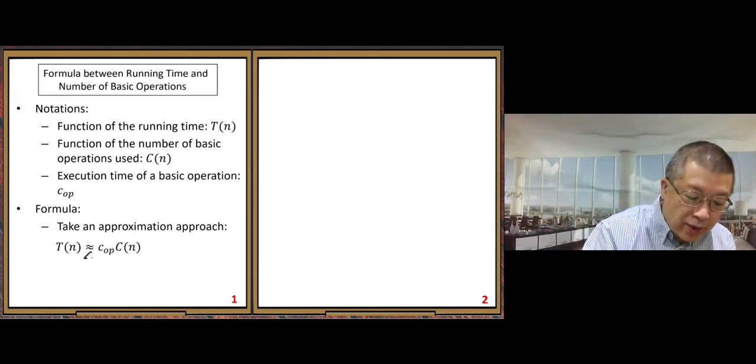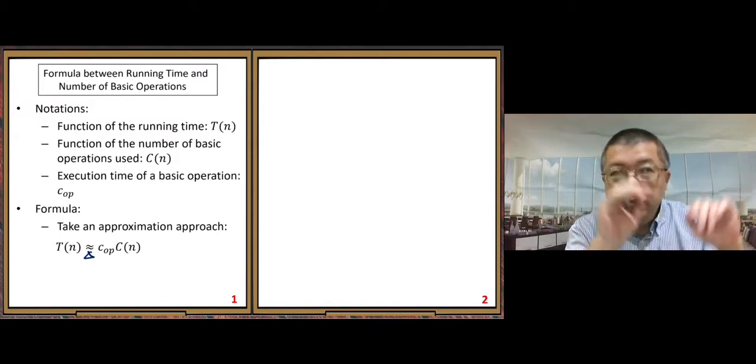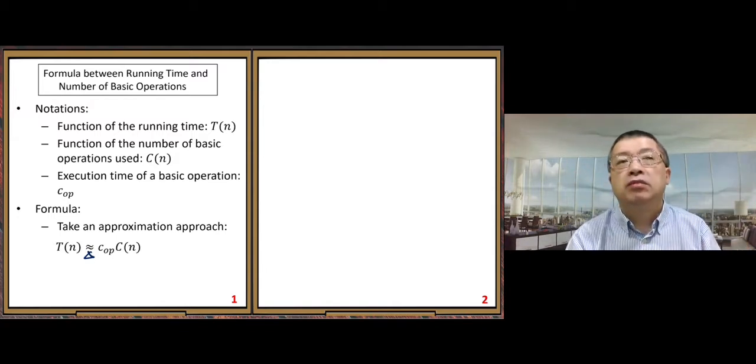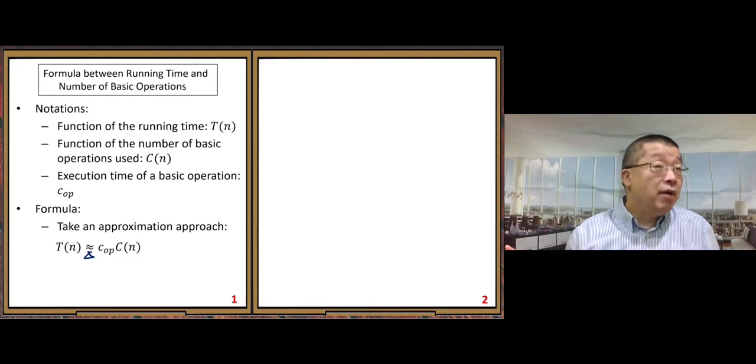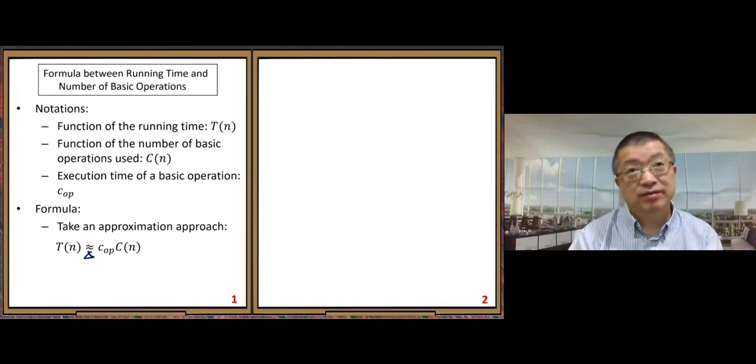But why do we still use that approximately equal symbol, that notation? It's pretty obvious because there are also some non-basic operations, right? Here, we do not factor in the non-basic operations.